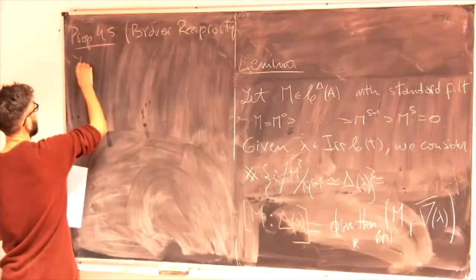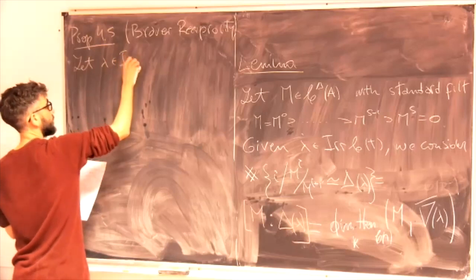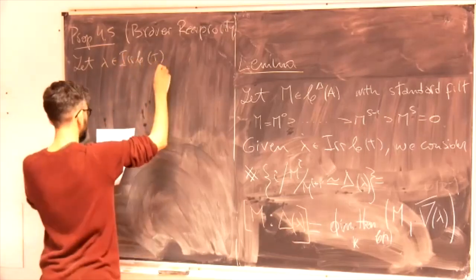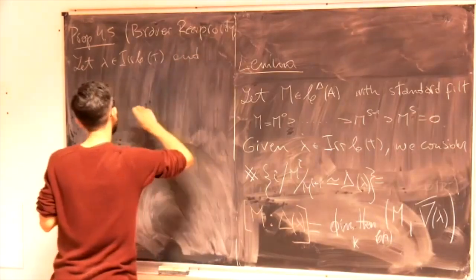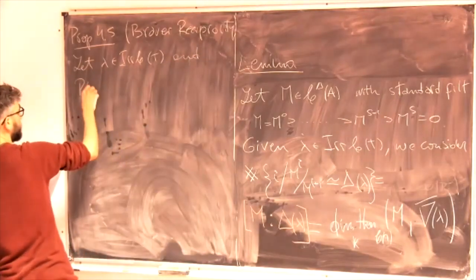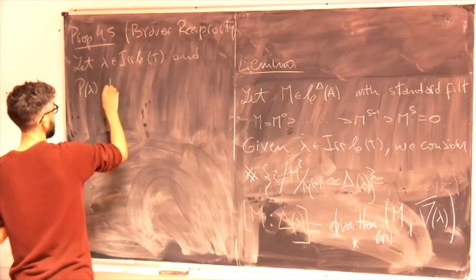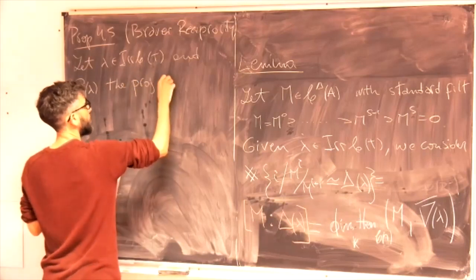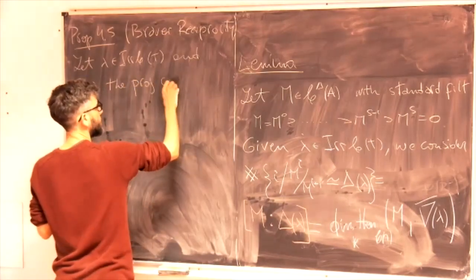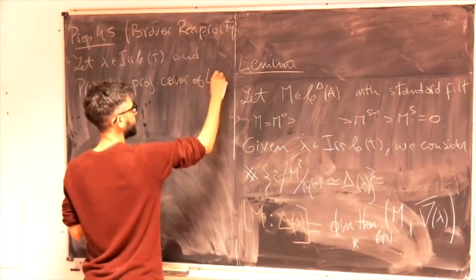Let L lambda be a simple module over T, and P lambda the projective cover of L lambda.